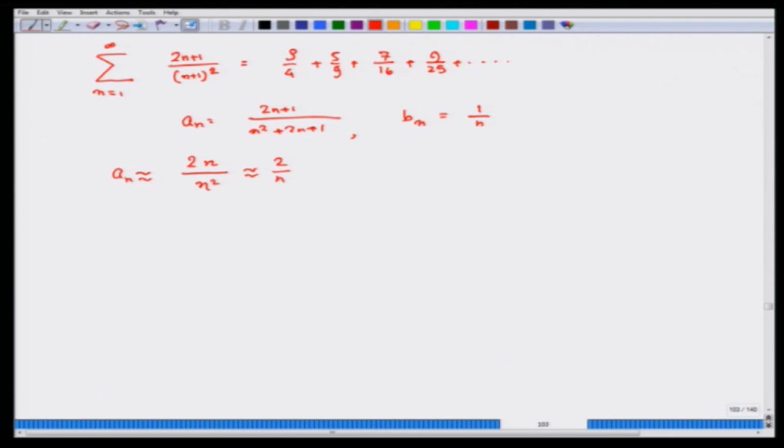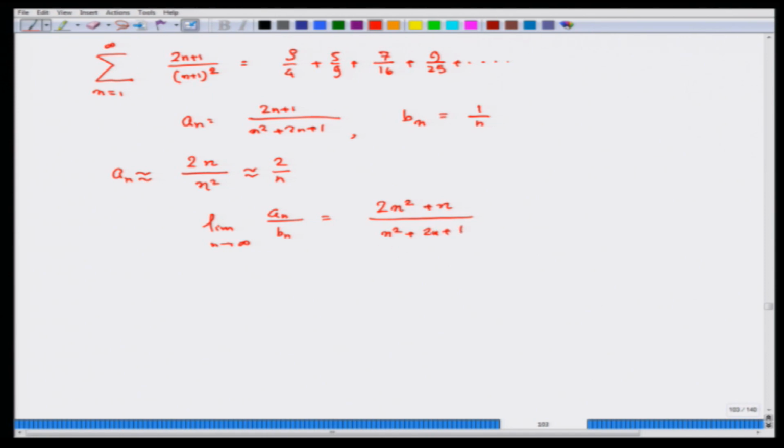So, now let us do this An by Bn. Bn is 1 by n, so n will go to the top. So, it will become 2n square plus n by n square plus 2n plus 1.